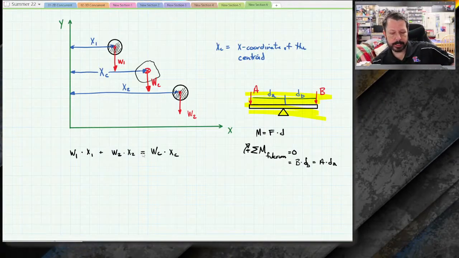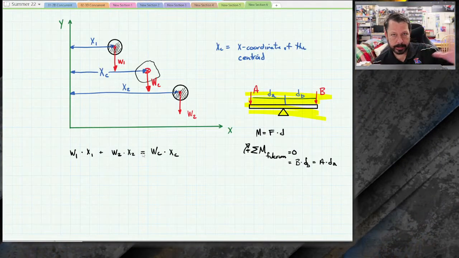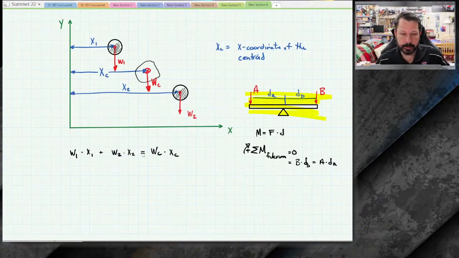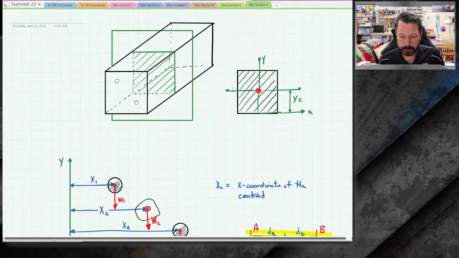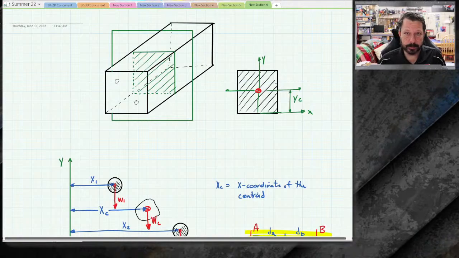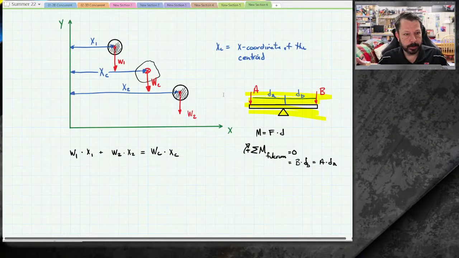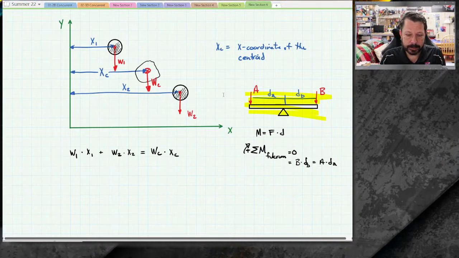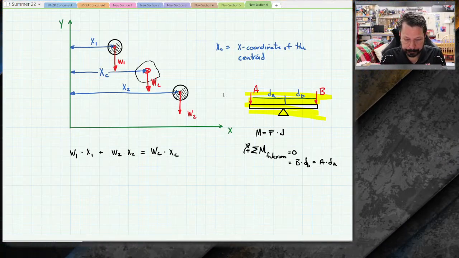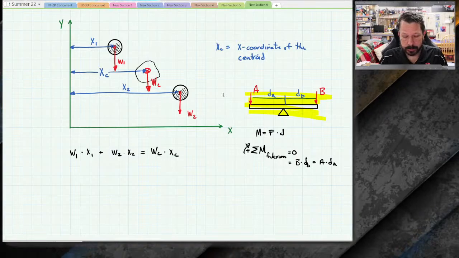So what this says is that I've got all of these little spheres that create the pattern of my cross-sectional area, whether it's a rectangle or some weird shape. And what I want to do is condense that down into one weight, Wc, at the centroid.